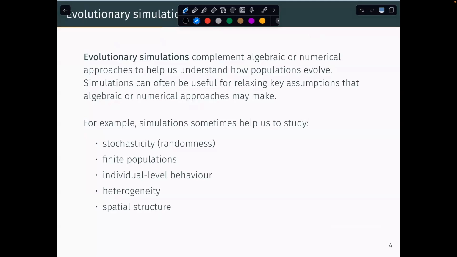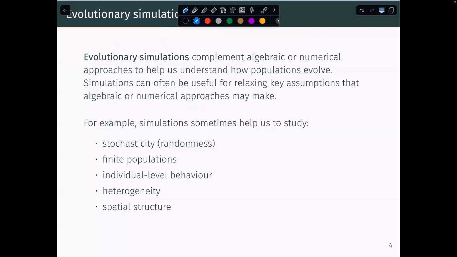That's usually fairly straightforward to do. You can do things like derive the selection gradient from that invasion fitness. You can maybe find out what your condition for evolutionary stability is. However, often that might be the limit of what you can do, and you might just have some horrible long expression, in which case you have to then solve it numerically. Okay, so there's sometimes a bit of a blended approach between these things.